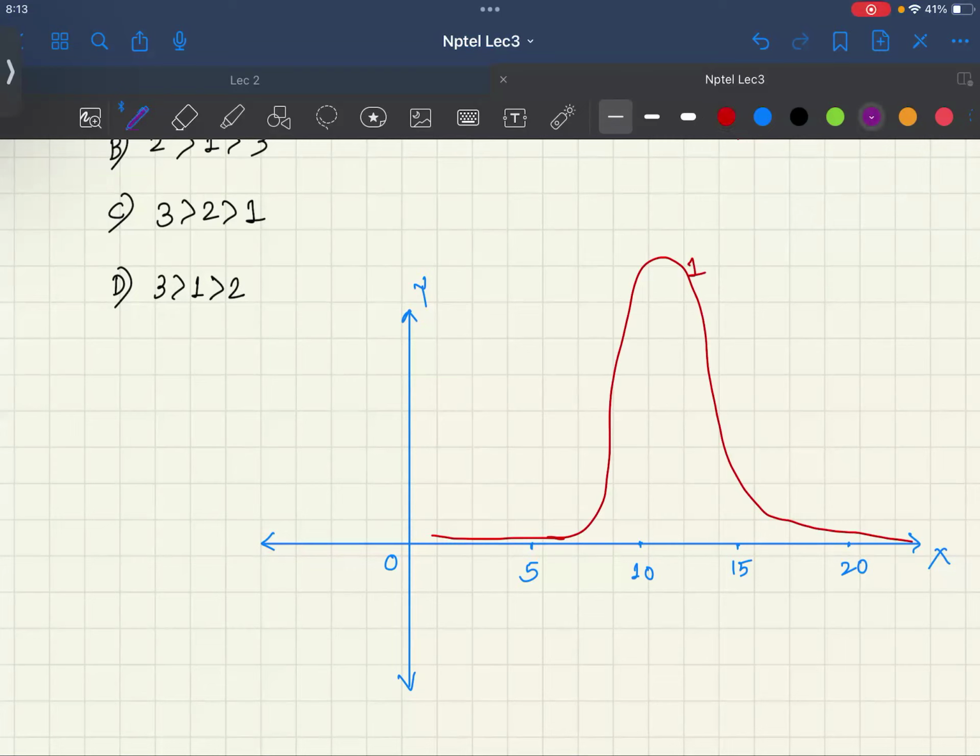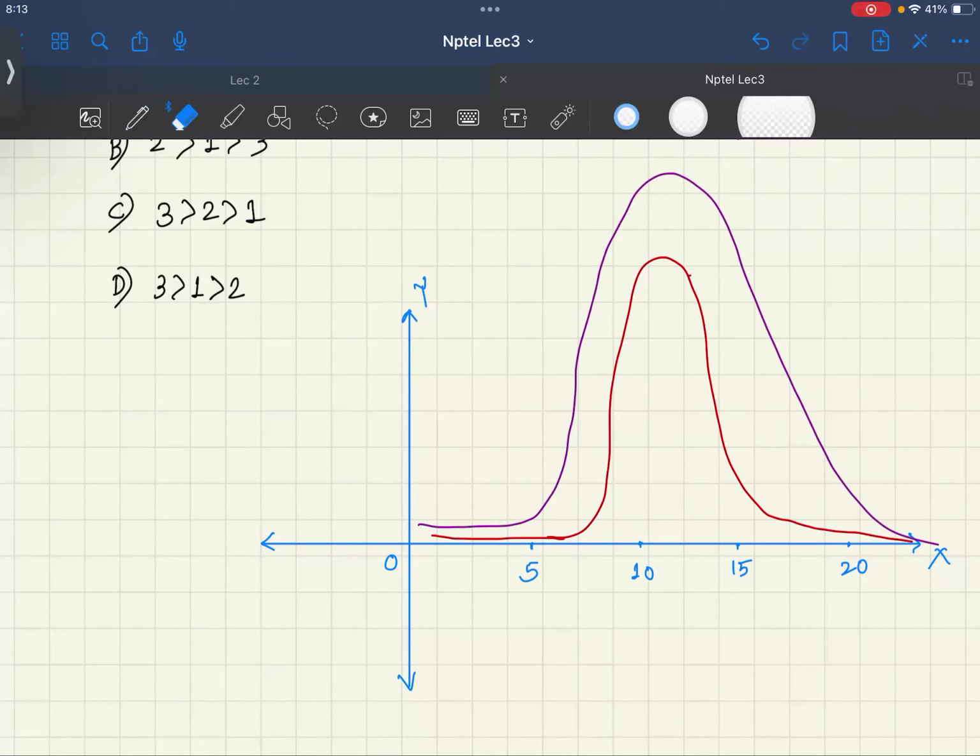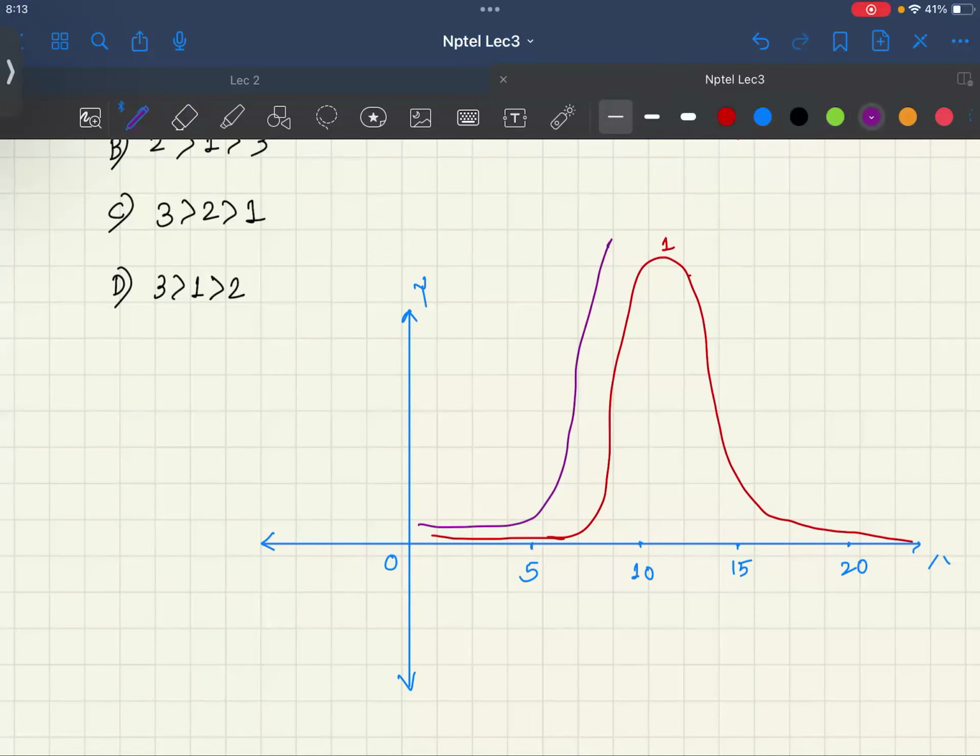Then let's say this plot starts like this. Okay, it goes like this. Then let me just correct this one. Okay, and the third one is like this, starts like this, goes like this, and then goes like this.